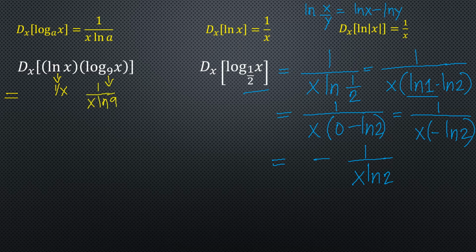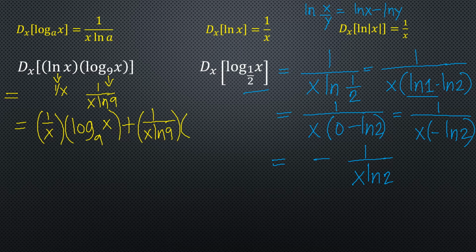So using the product rule, we get the derivative of ln of x, which is 1 over x, multiplied by the second factor, logarithm of x to the base 9, plus, take note plus when we're referring to product rule, the derivative of the second factor, which is 1 over x ln of 9, times the first factor ln of x.